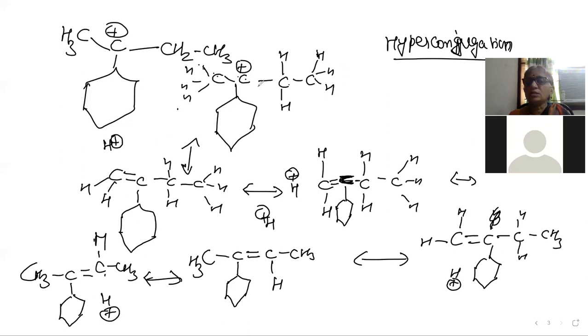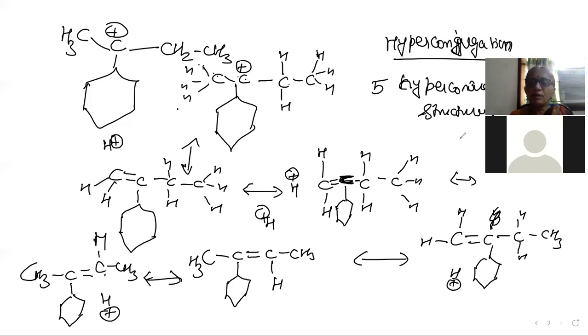This is the original structure, right? 1, 2, 3, third one, and on the right side 2. So we have written 5 hyperconjugative structures for this. Due to this, the more hyperconjugative structures, the more stable the carbocation will be.